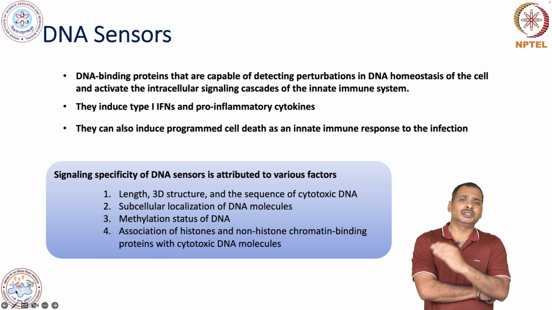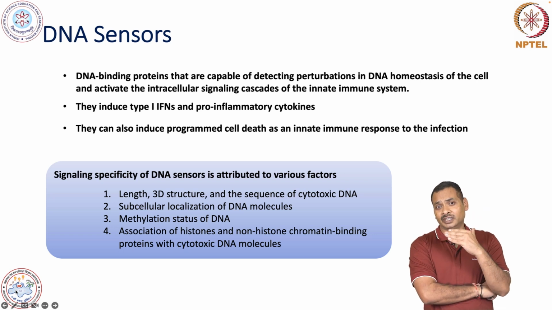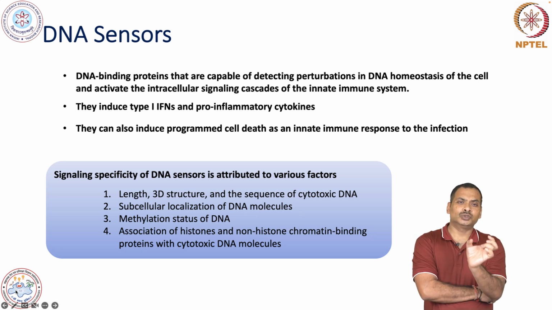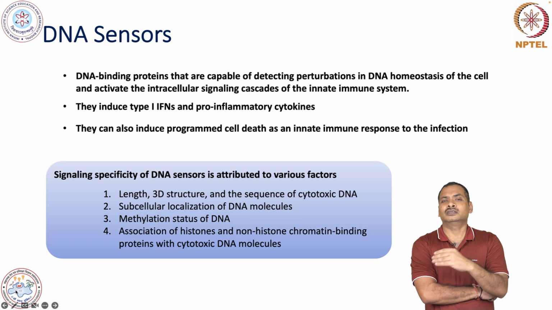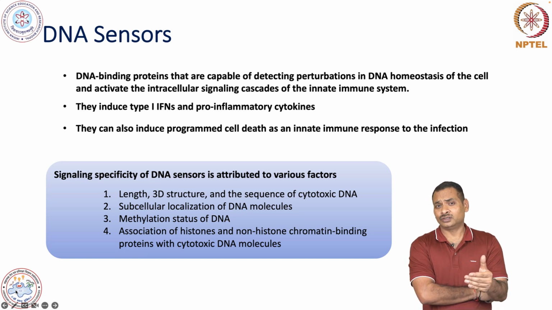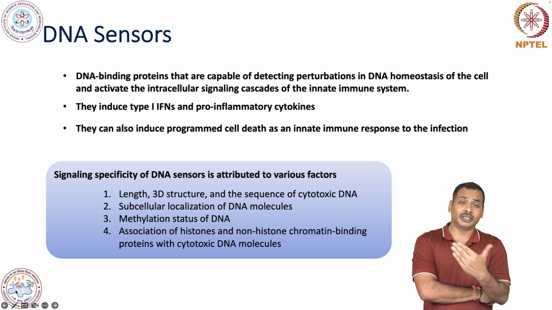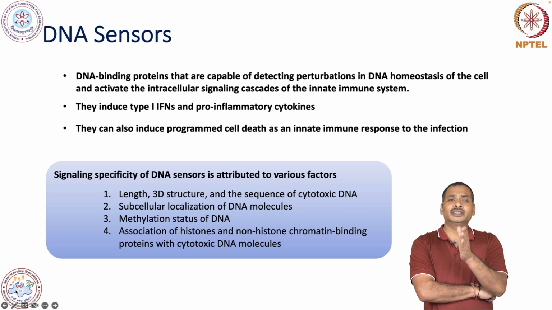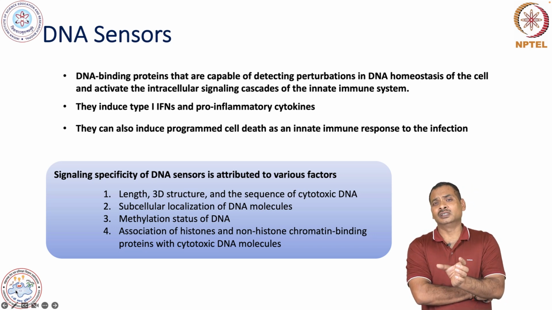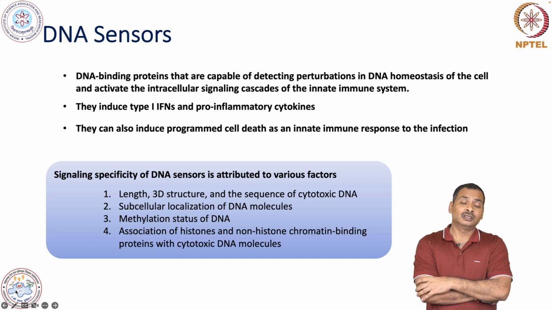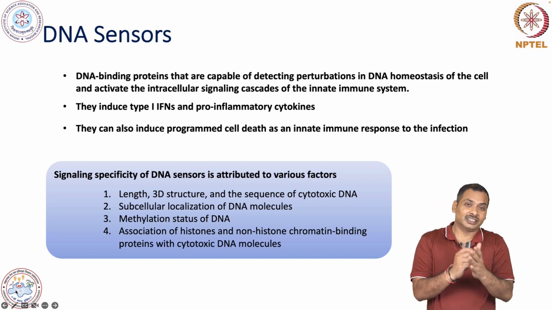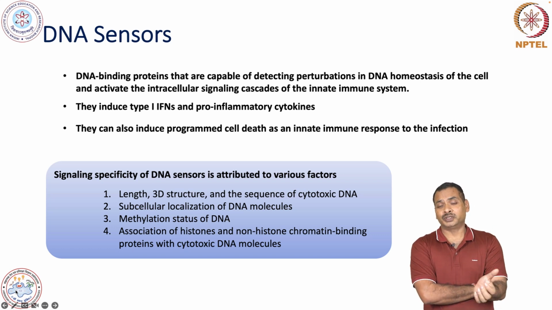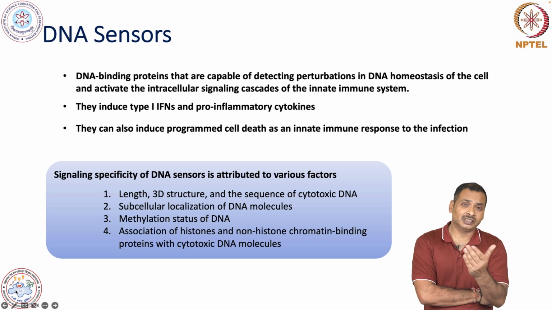Another is methylation status. As I explained in the previous session, CpG motif DNA is hypomethylated or unmethylated in microbial pathogens and viruses. However, in mammalian or host cell DNA, this DNA is highly methylated, and that is a distinguishing feature in order to induce the appropriate innate immune response against the foreign DNA.